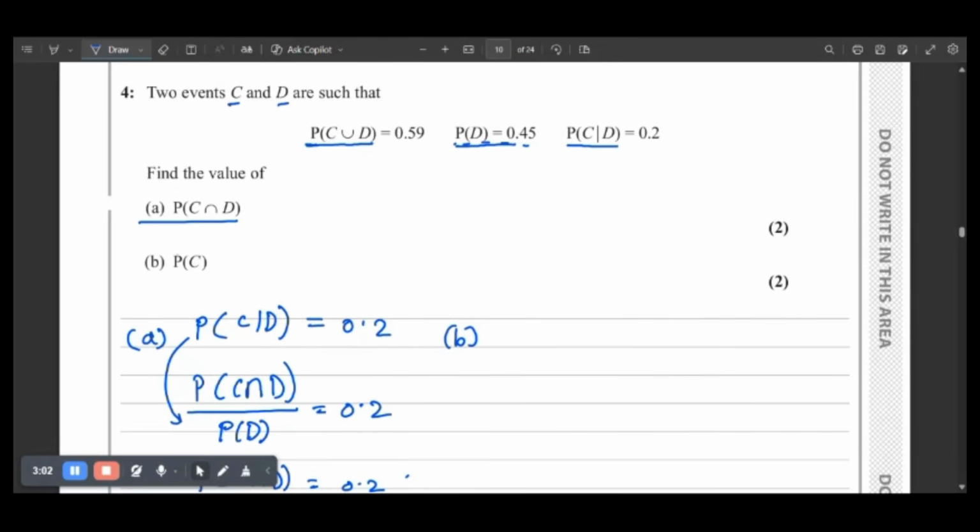So to find P(C), we can say that the probability of C union D is equal to the probability of C plus the probability of D minus the probability of C intersection D.